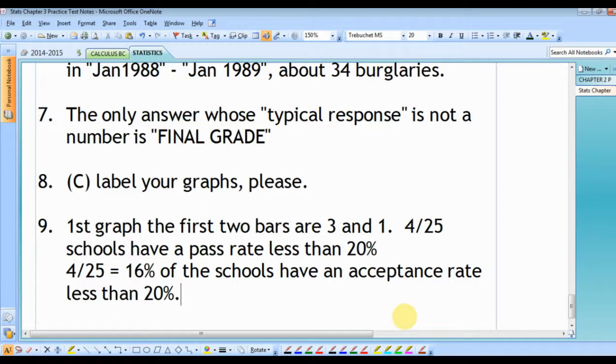So we're looking for some combination of bars that represents less than 12 and a half schools. 12 or under, right? So let's take a look. 20% to 35%. How many schools are in the range from 20 to 35%? 5 plus 3 plus 5. That's 13 schools.